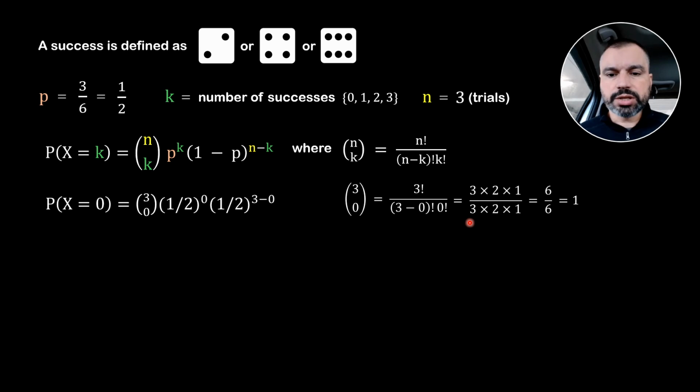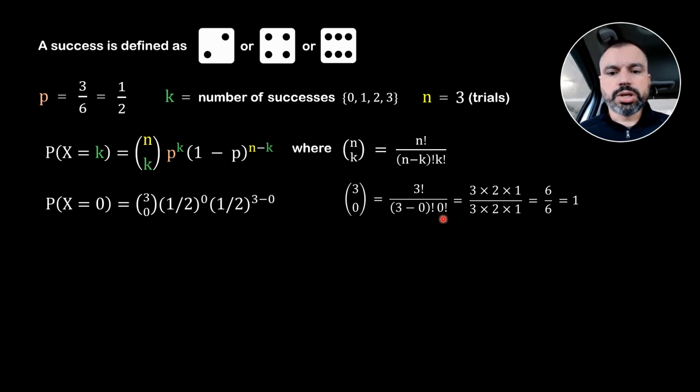And this gives us, so 3 factorial is 3 times 2 times 1. 5 factorial would be 5 times 4 times 3 times 2 times 1, etc. You get the idea. And that gives us 6 in the numerator. In the denominator, we have 3 factorial, which is 6, times 0 factorial. And 0 factorial is equal to 1.